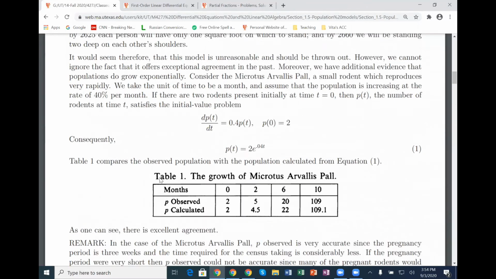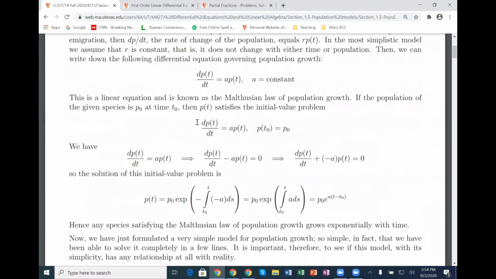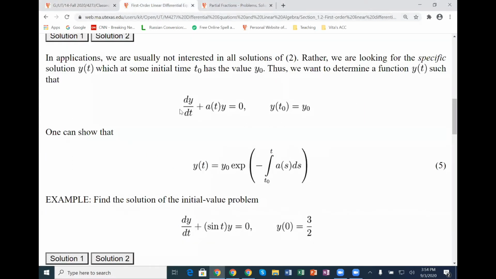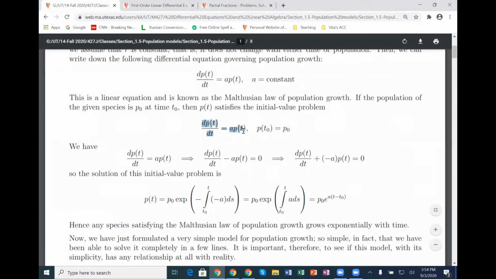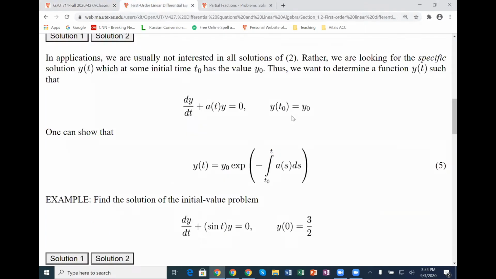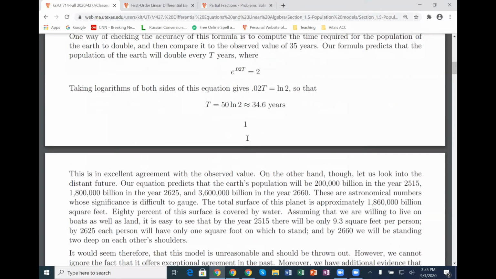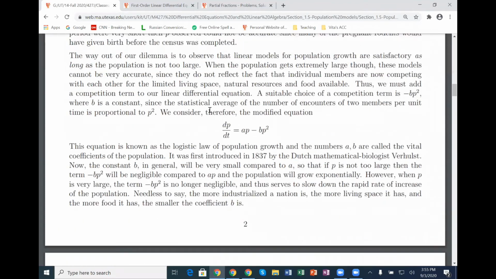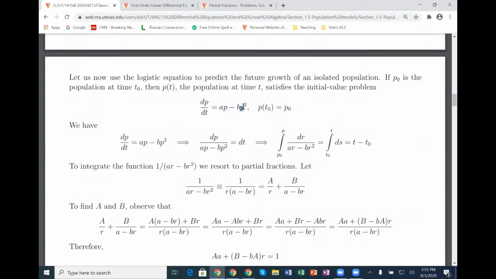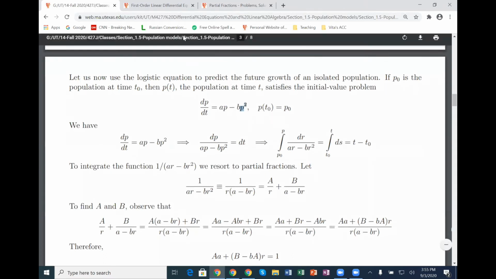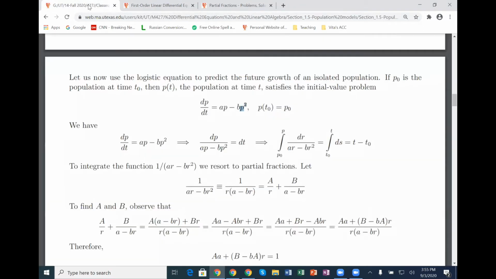Note that the previous initial value problem was easy to solve because it is a first-order linear homogeneous differential equation. But the new equation is no longer linear because here we have p squared. What do we do? We cannot apply this formula.